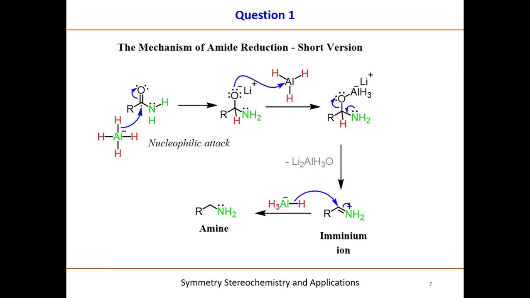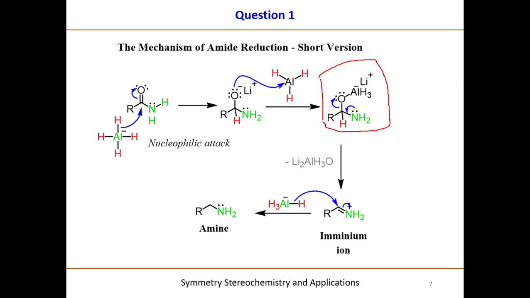After getting attacked by the hydride ion, this double bond will reduce, and it will generate O minus. After generating the O minus, the aluminium will be attacked by this O minus group, and we will get this as an intermediate.